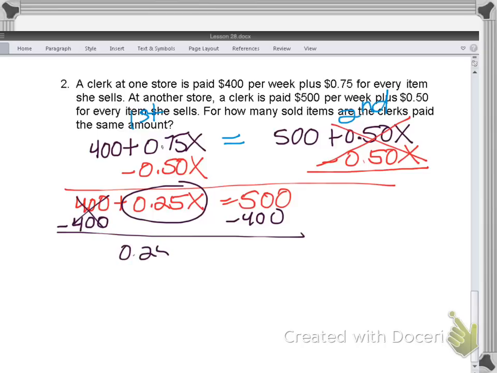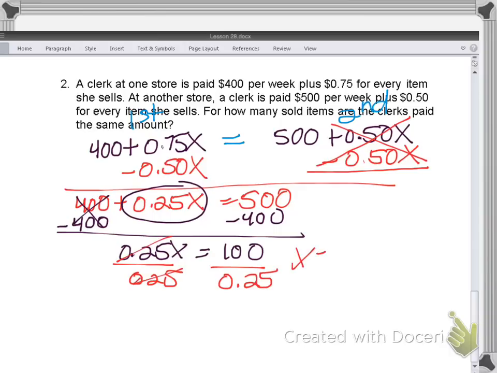Then I'll have 0.25x equals 100. And then I can just divide by 0.25. So that will be 1/4. And I'll have x equals 100 divided by 1/4 is 400.